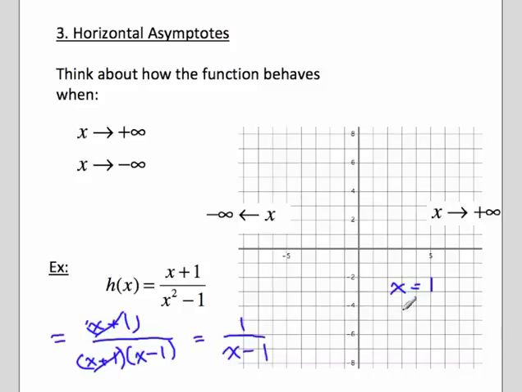So that is going to be a vertical asymptote. Now, when x is equal to negative 1, both the numerator and the denominator are going to become equal to 0. So that means that x is equal to negative 1 is the x-coordinate of a hole. So that's a little review of what we've looked at already.